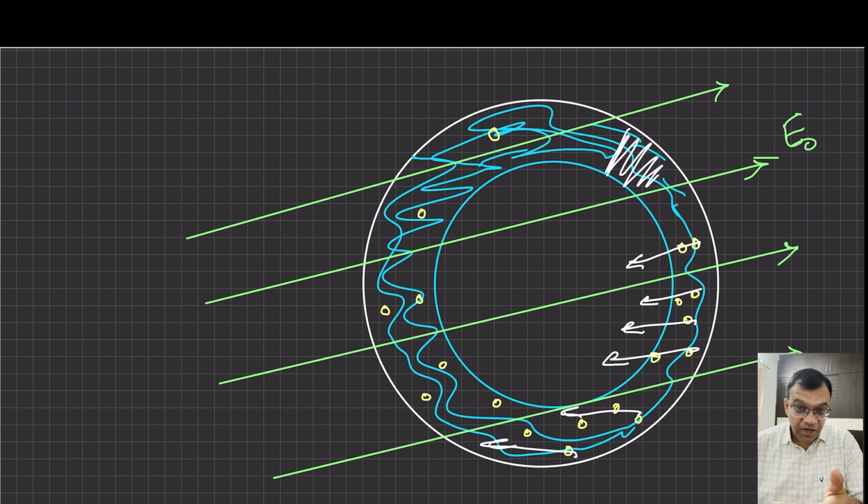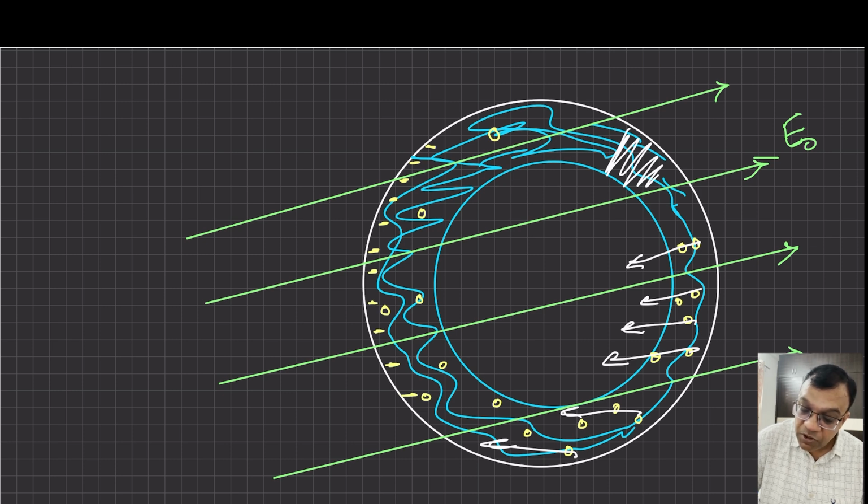So as these electrons are moving opposite to the field direction, there will be some redistribution, rearrangement of charges within the conductor. Here some negative charge will appear because many electrons will accumulate here, right?